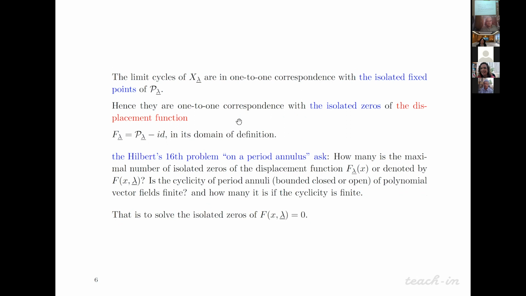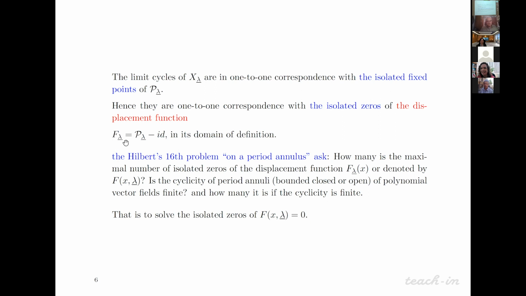If we define the Poincaré map minus the identity map, this is the displacement function. If we study the displacement function, we look for its isolated zeros, which correspond to the limit cycles.